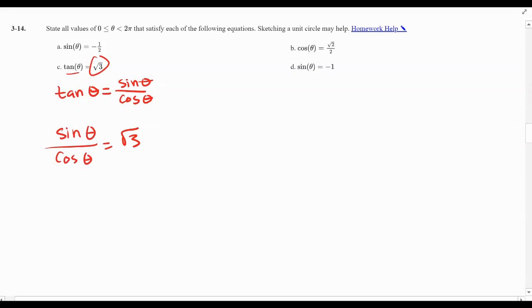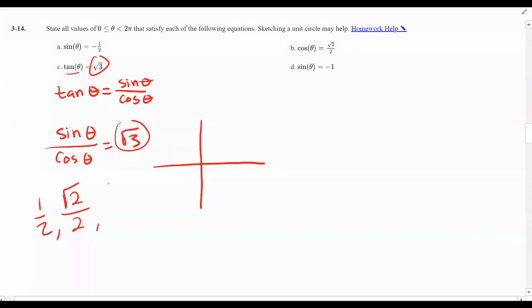And so when I'm going through this problem, I need to find somewhere on the unit circle that helps me out with that, because I'm going to divide two things and leave with just root 3 by itself. Remember, our options really are limited to 1/2, root 2 over 2, and root 3 over 2. So when I divide two of these things, which one gets me to root 3? Well, that would be root 3 over 2 divided by 1/2.